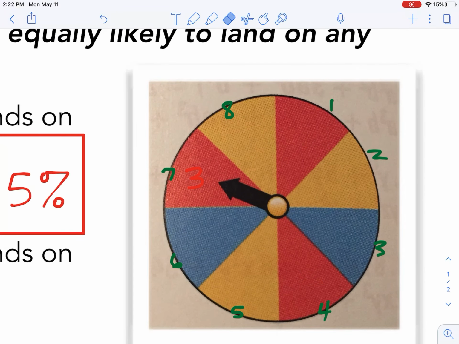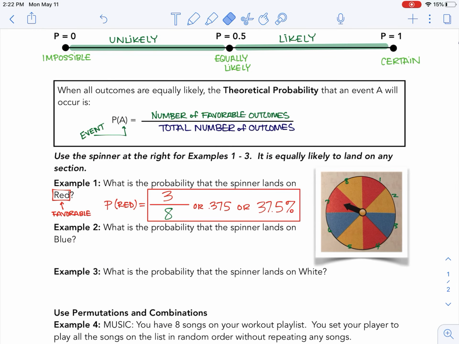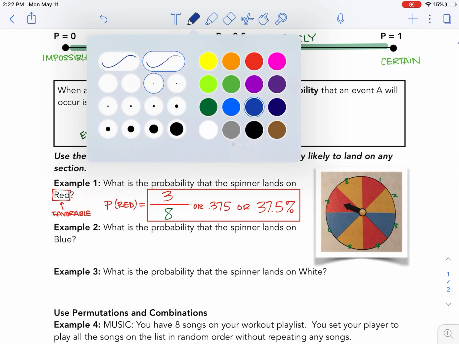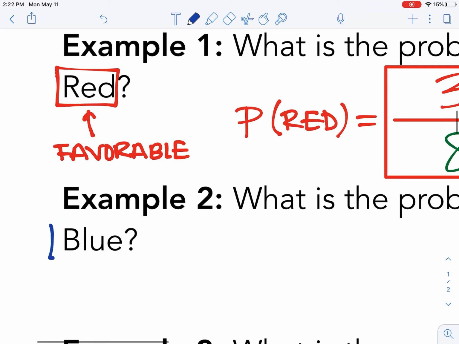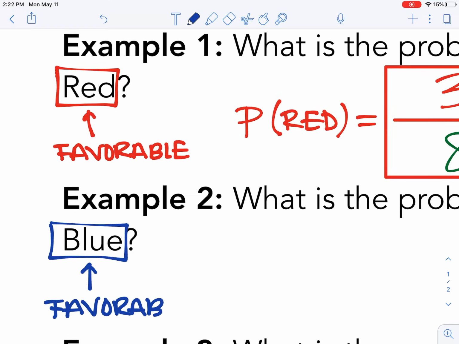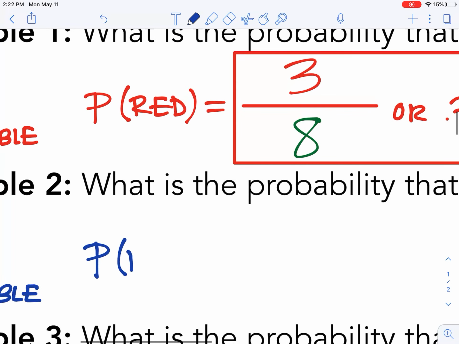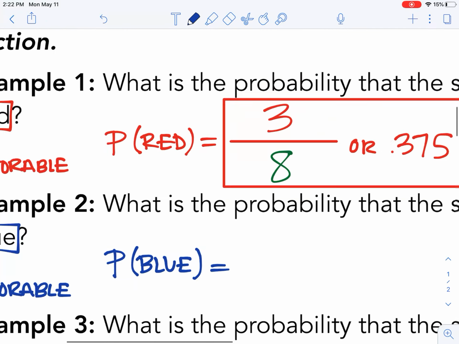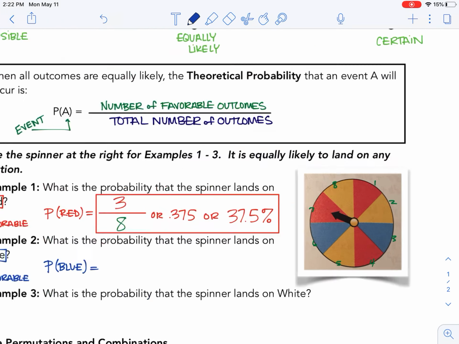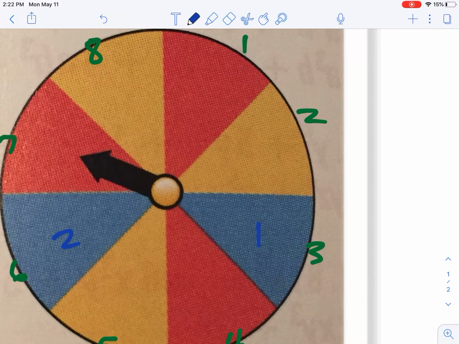All right, so now let's try this again. Our total stays the same, so I'm going to erase my favorable here. So we still have 8 spaces, but now we want to know the probability of landing on blue. So our favorable has now changed. So the probability of landing on blue equals, so we have 2 blue spaces, 1, 2.